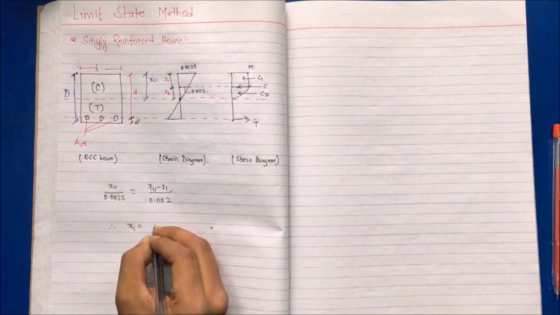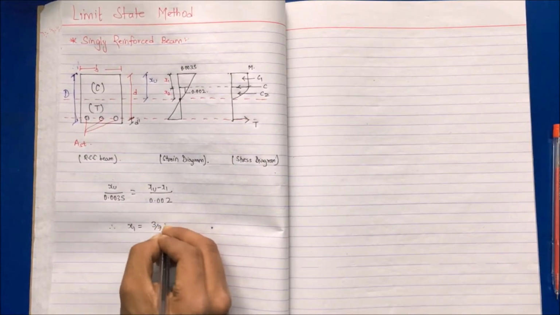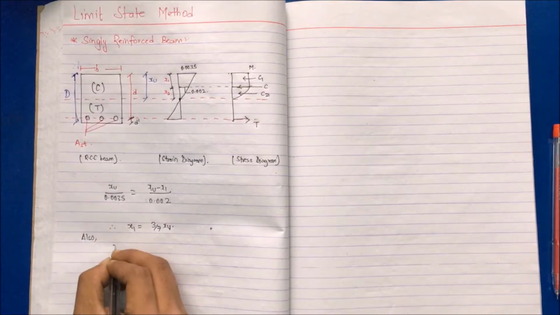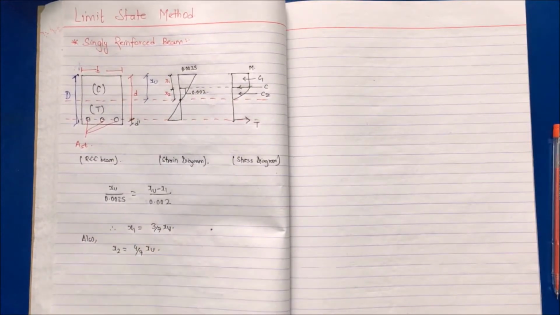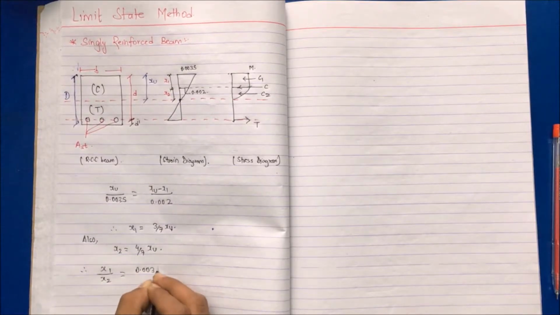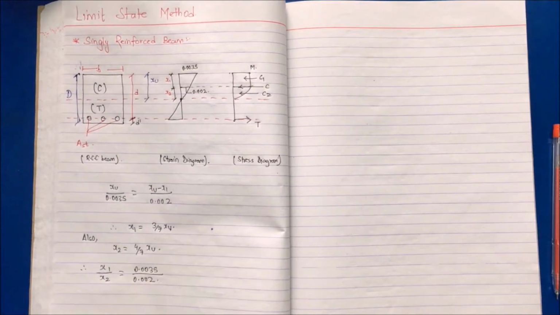Now on solving we get x1 equal to 3 by 7 xu and x2 equal to 4 by 7 xu, and x1 by x2 is equal to 0.0035 divided by 0.002.